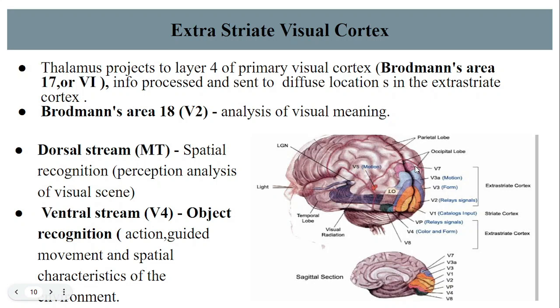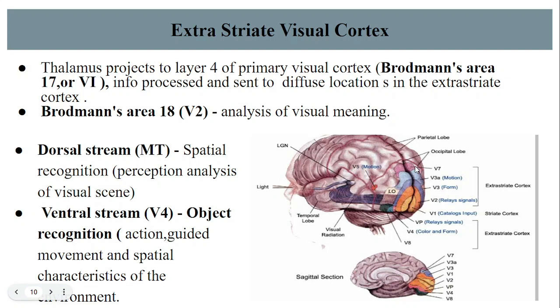Beyond the primary visual cortex, the visual information is processed and analyzed in various regions of the extrastriate cortex, which include Brodmann's areas 18 (V2), 19, 21 and 22.